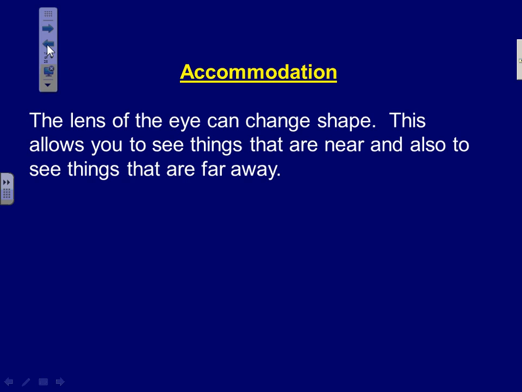If you can't see that, and they both stay clear, you're some kind of a superhuman that has the ability to see close and far at the same time. Wow, that's exciting. Anyway, for the rest of us regular people, that time it takes for it to get clear is the lens changing shape. The ciliary muscles are doing their thing, and they're changing shape in order to see close or far.